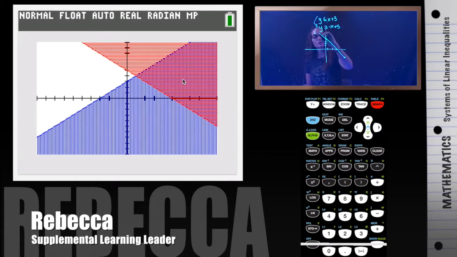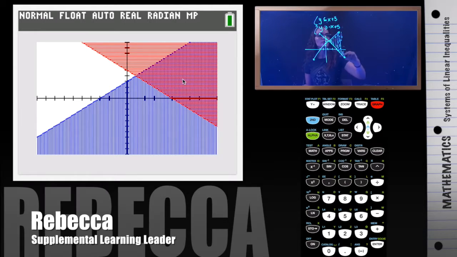And these are also solid lines because they have the equal sign underneath. If they didn't have the equal sign underneath, you would need to use dotted lines. And so we only use the overlapping part as our actual solution. So this is our solution right here.